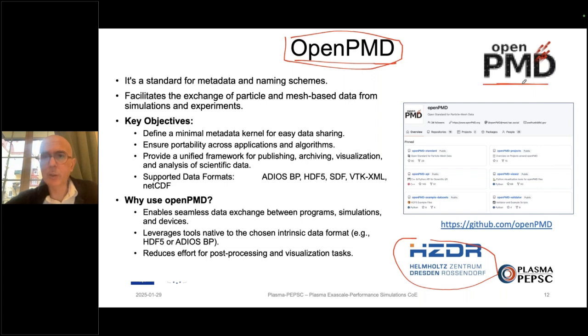OpenPMD is an international effort. HCDR is one of the promoters, but it is widely supported now by different organizations all around the world. This is something that we started using in Plasma-PEPSC both to organize data, so that it is FAIR data, but also to largely improve the performance of the I/O system and the I/O of the particle simulation. In a nutshell, it is a standard.